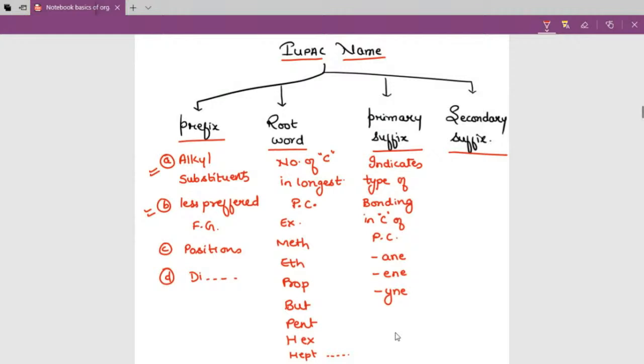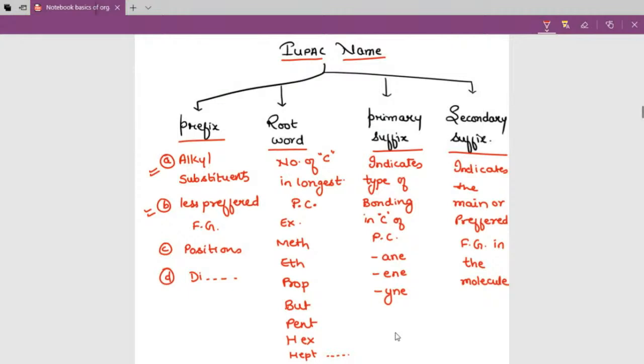Okay? Secondary suffix, that is on the basis of the functional group present in the molecule. So secondary suffix indicates the main, or I would say the preferred, functional group in the molecule.